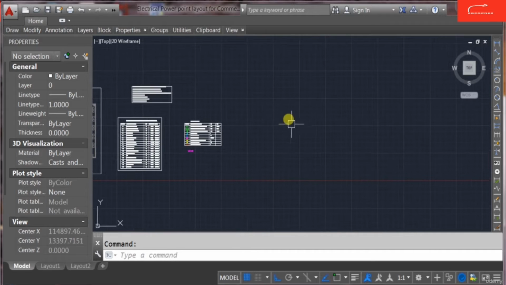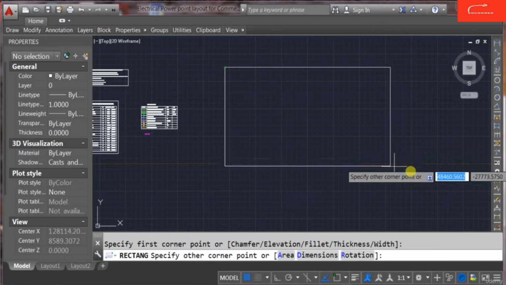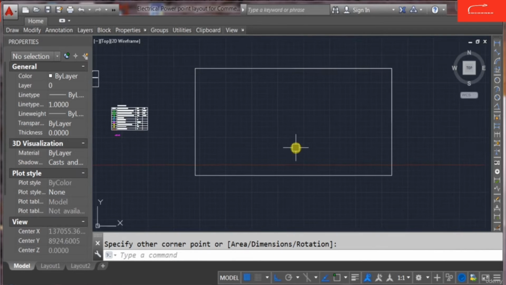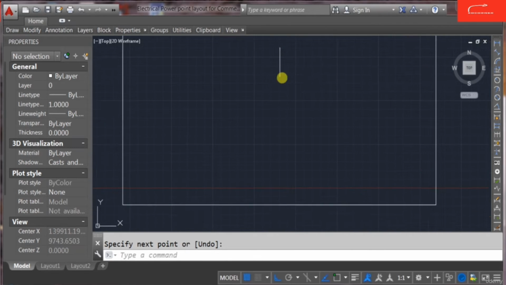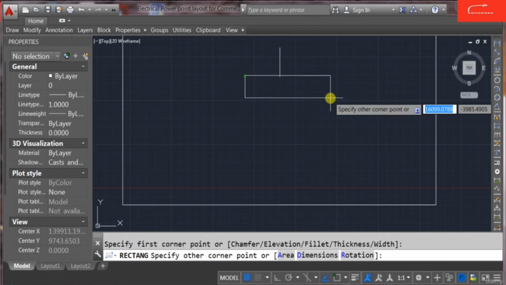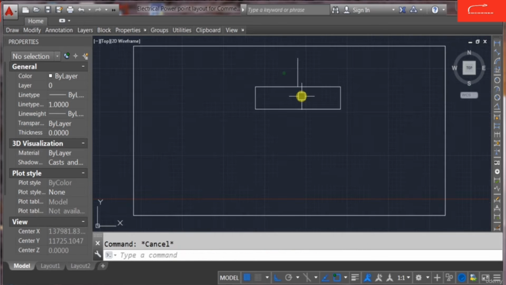In this diagram, we will learn how to design the power schematic. So this is the layout for the power supply schematic for the commercial kitchen. Let's start the schematic diagram. In this diagram, I'll design the main DB. This is kitchen electric DB.